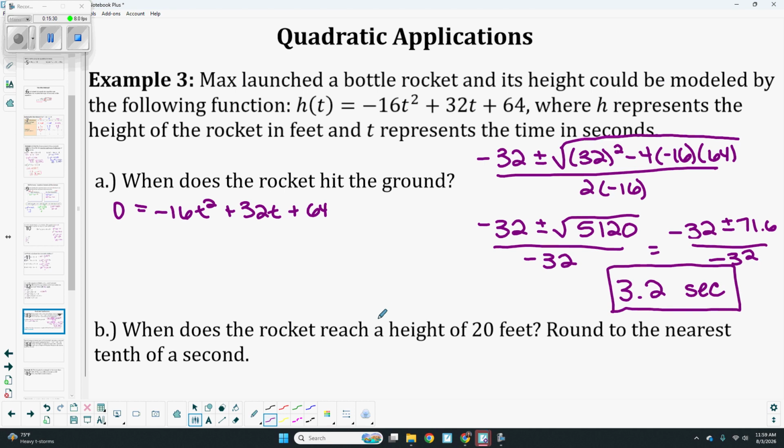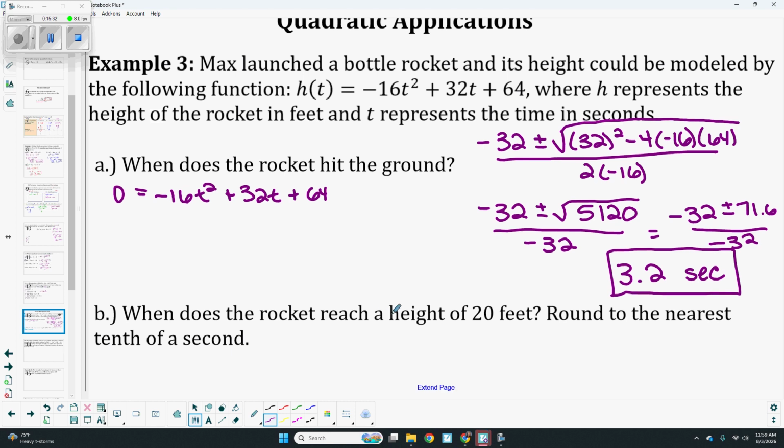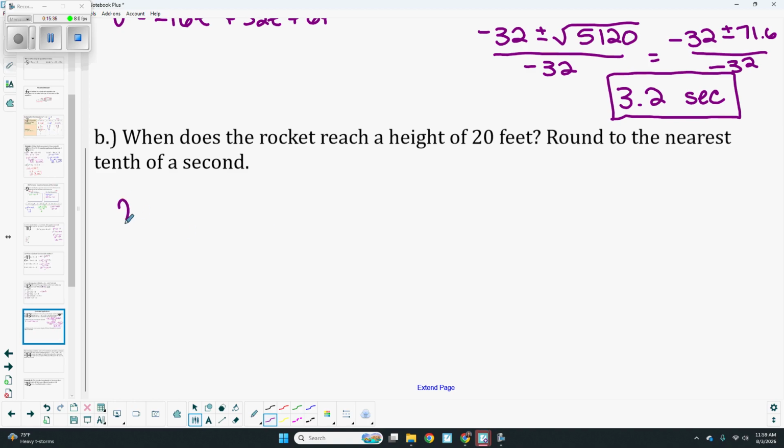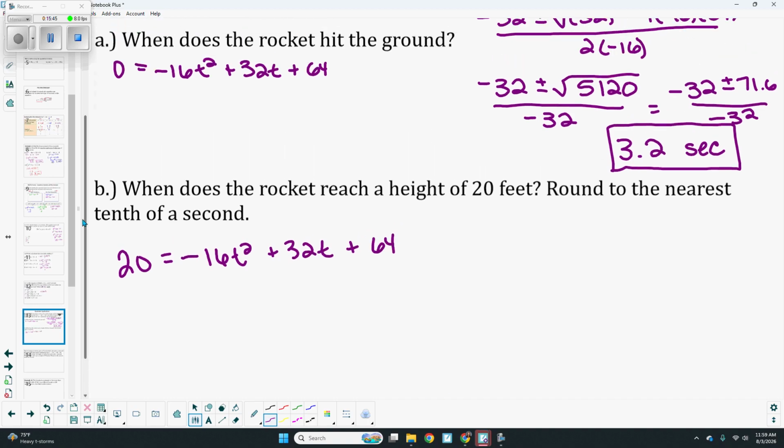For b, when does the rocket reach a height of 20 feet? So now we're going to plug 20 in for this side and solve. So 20 is equal to negative 16t squared plus 32t plus 64, I think that's what it was. Yep.